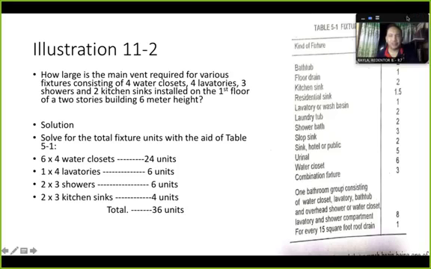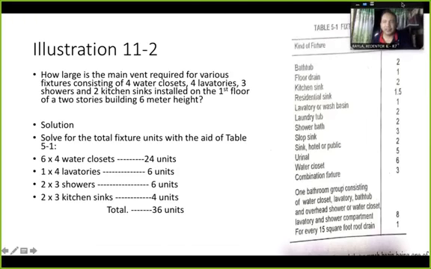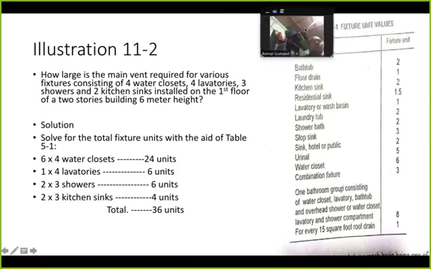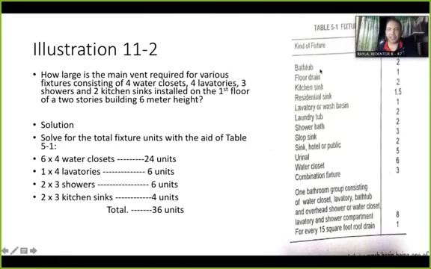So from here, you will use the fixture unit values, table 5-1. So all of the fixture units are provided, from different types of fixtures. So bathtub, you have two fixture units, floor drain is one, kitchen sink, two, residential sink, and so on and so forth.